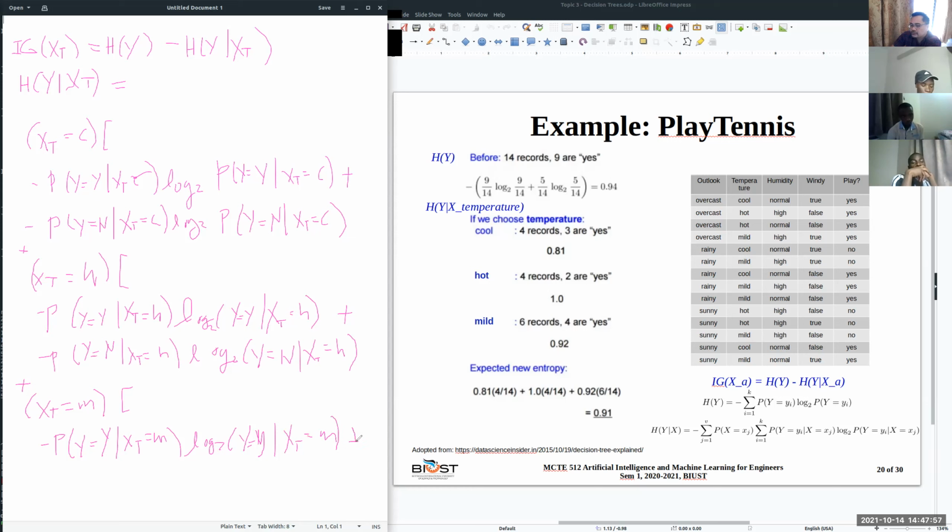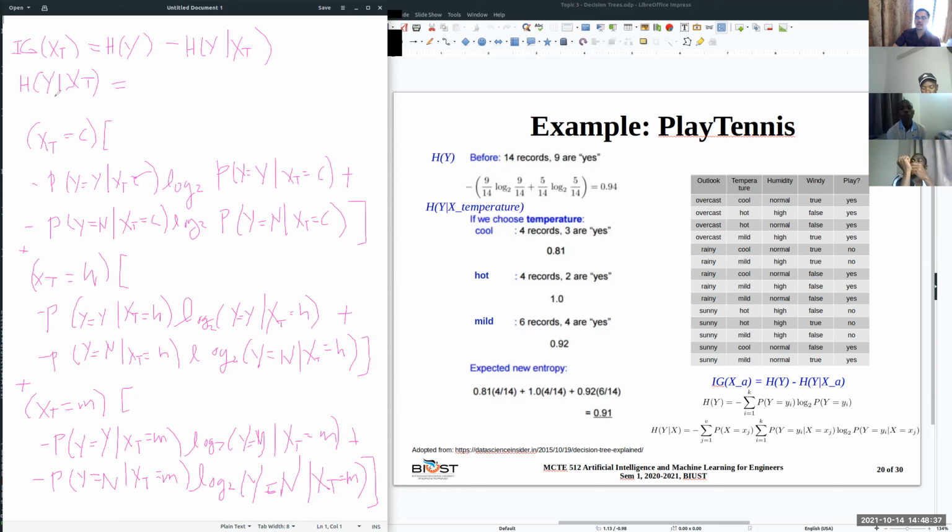Okay, plus the negative of probability of y now becomes no, given xt equals mild, log 2 of y equals no, given xt being mild. Okay, here there should be a square bracket there. You understand?